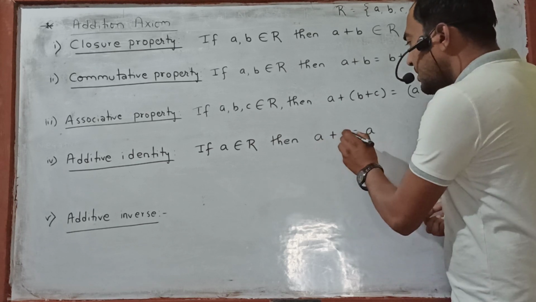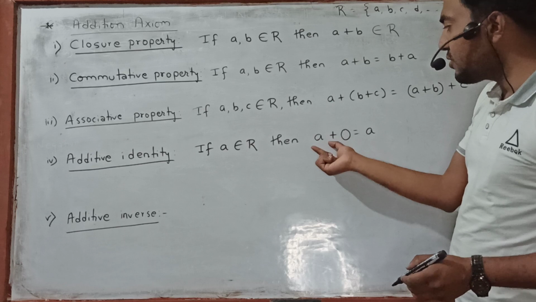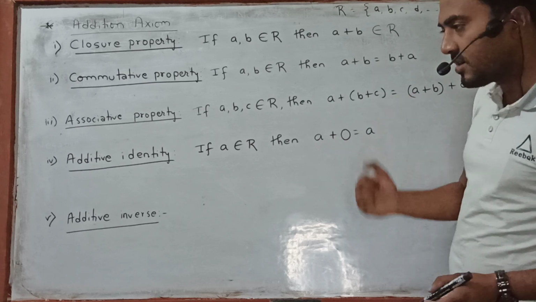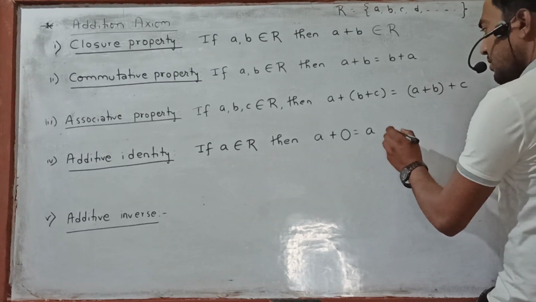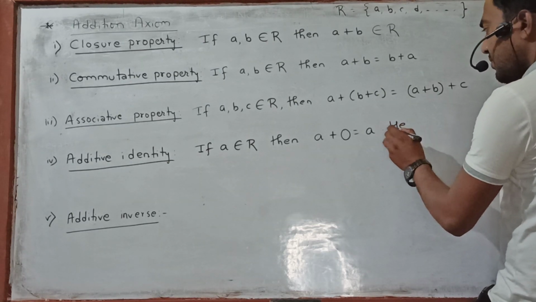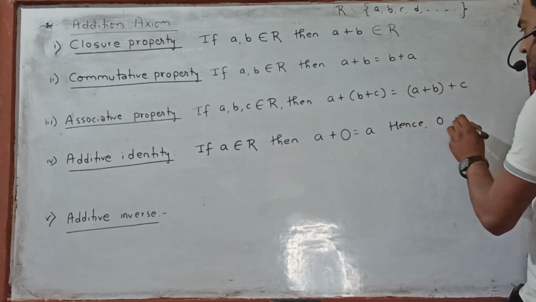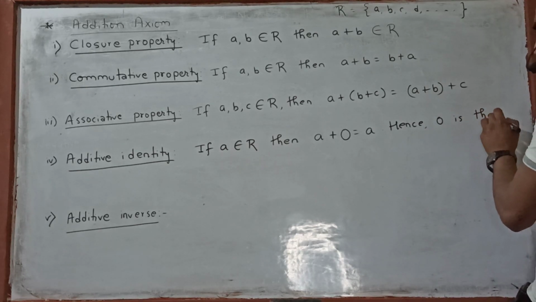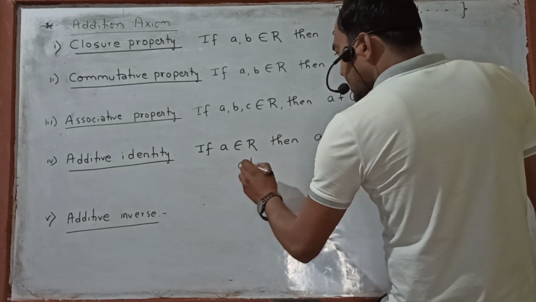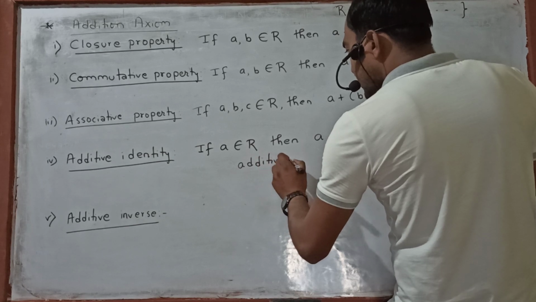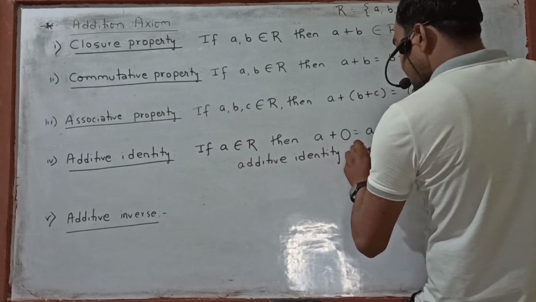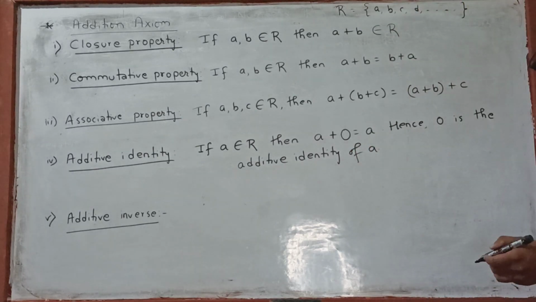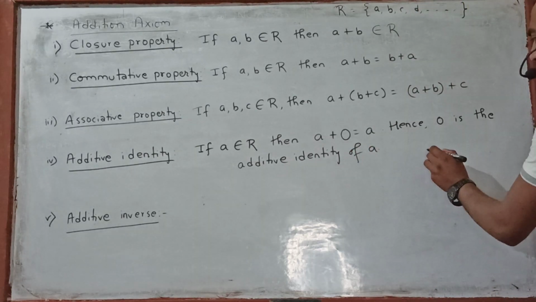Obviously it will be 0. If you add 0 to a, you will get the same result a. A plus 0 will be equal to a. So hence we can say that 0 is the additive identity of a.